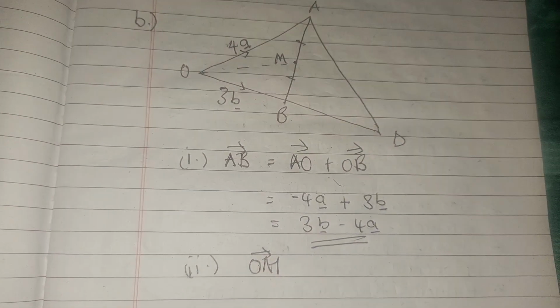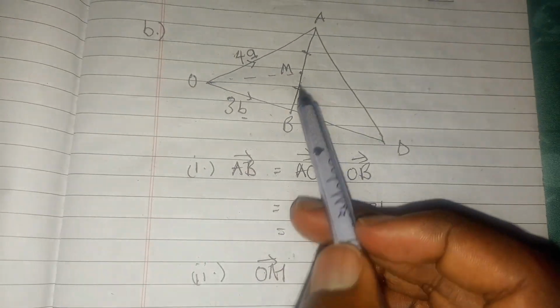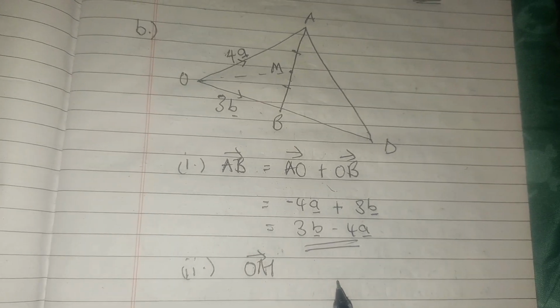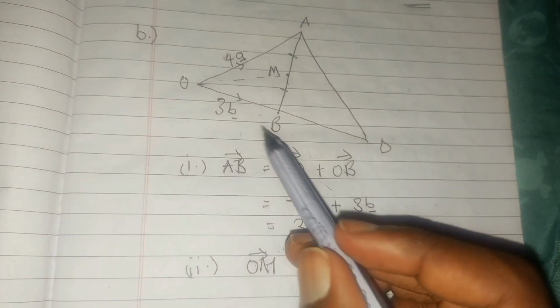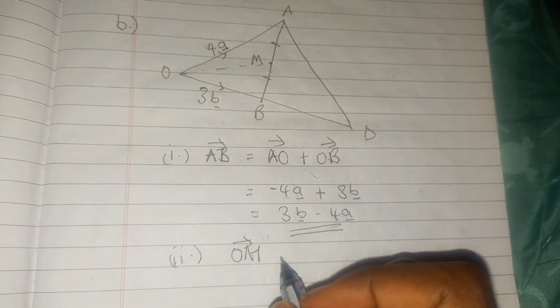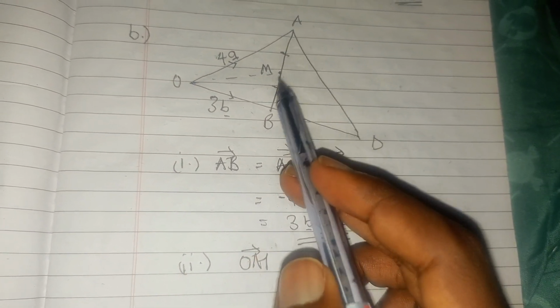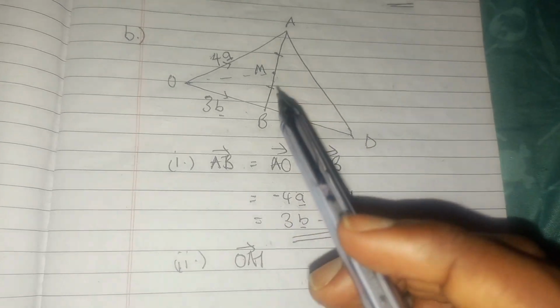Yes. So if we're to find OM, we can either use this triangle or that triangle. Either way, it's going to give us the same result. If we use the upper triangle, since M is the midpoint of AB, AM is half of AB.